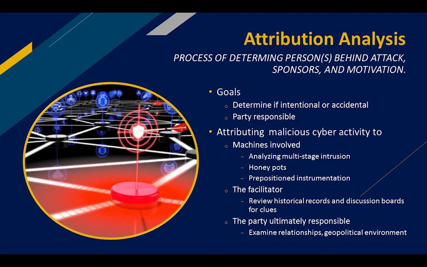The investigators will then subpoena the service providers to reveal the subscribers' names. Another source of information for attribution is by using a honeypot to monitor any suspect's behavior. In addition, preposition instrumentation can be utilized to help identify the source and nature of the activity.